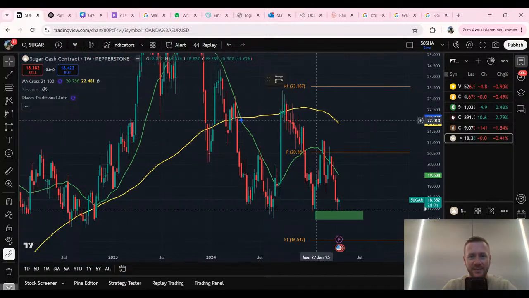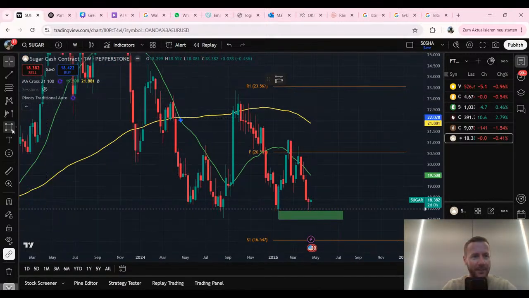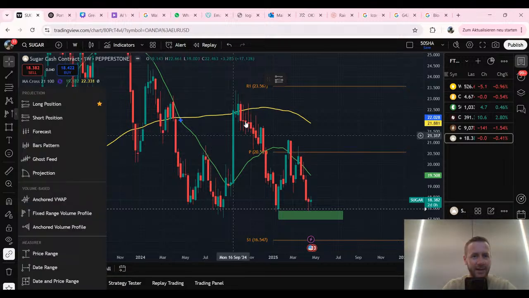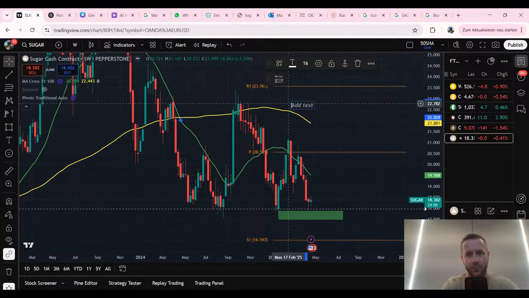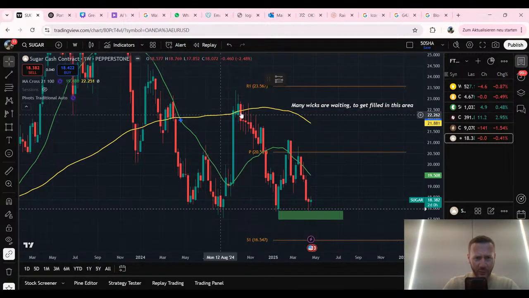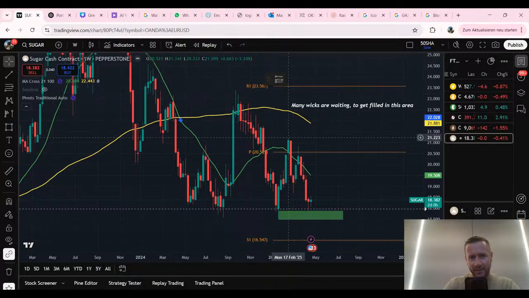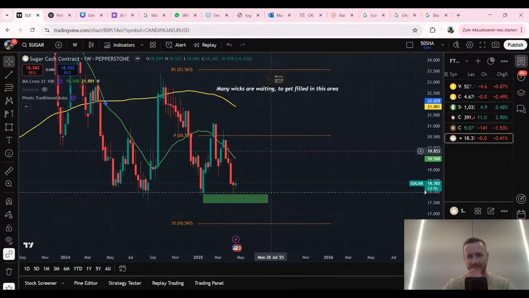And guys, this thing here, many weeks are waiting here to get filled in this area. Let me write this down. Those wicks here, all those wicks here, I expect to get filled when this thing is going up.